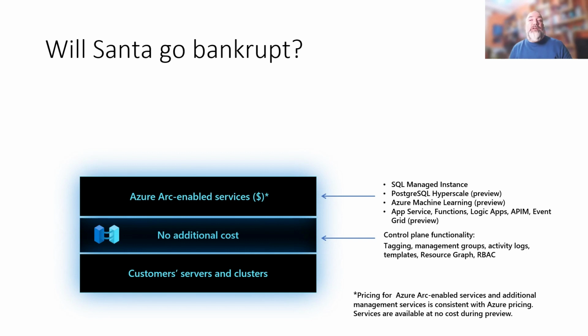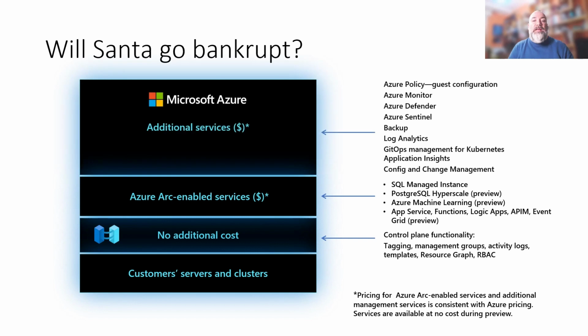This is similar to what happens in Azure for using the same services in Azure, but in this case, we won't pay for compute and storage resources since those will be provided by our hardware.